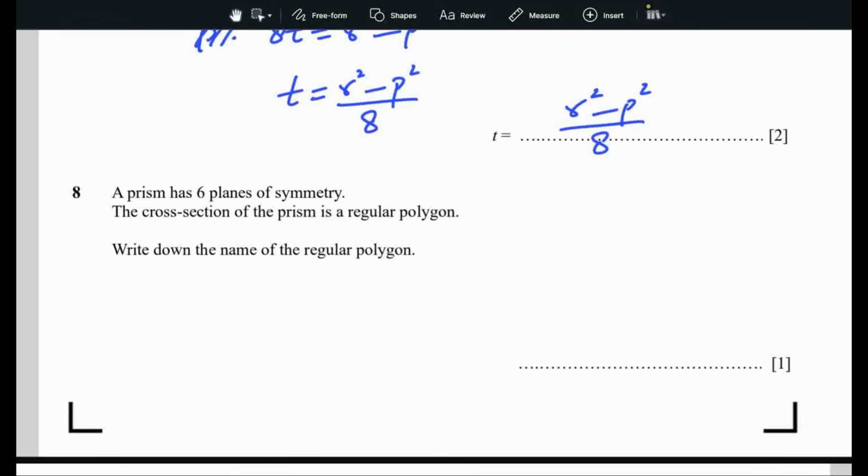A prism has 6 planes of symmetry. The cross-section of the prism is a regular polygon. Write down the name of the regular polygon.